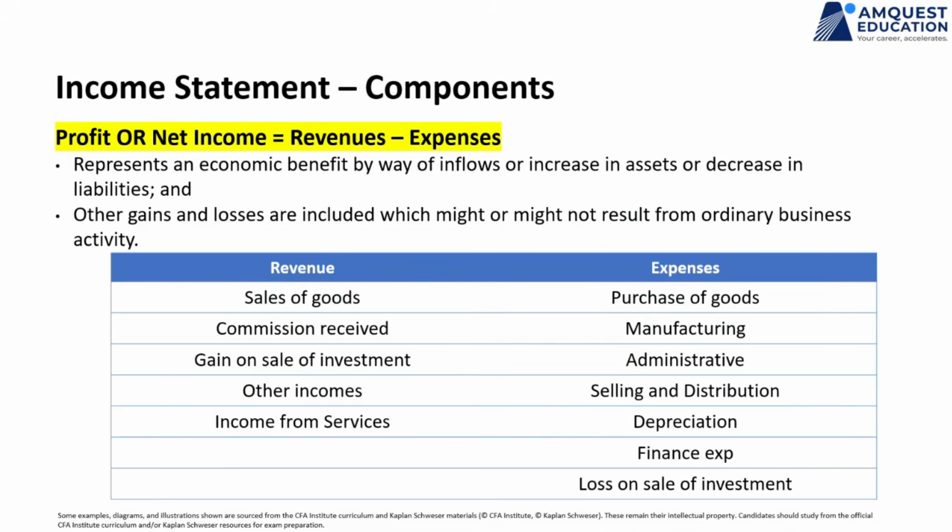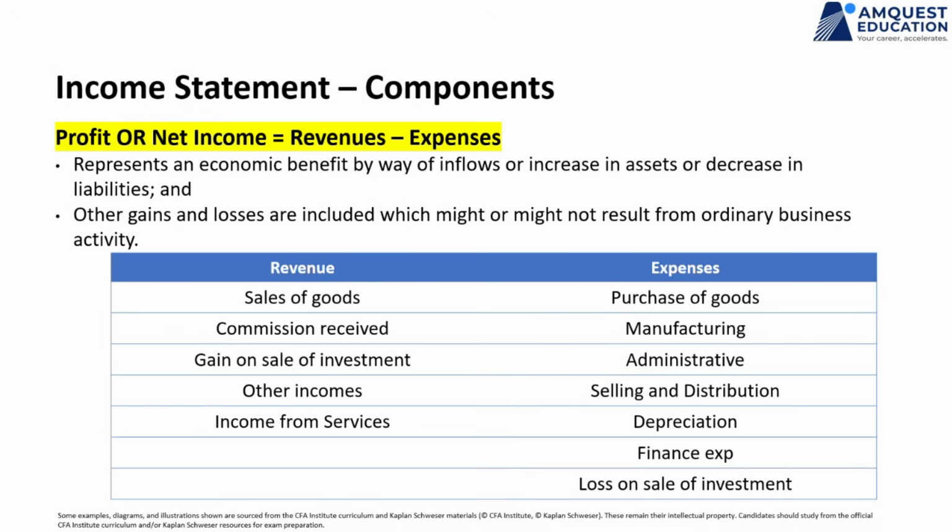So when we say income statement, it represents an economic benefit by way of inflows or increase in assets or decrease in liabilities. So if you are doing good as a business, your net profit will be more. Your revenues are more than your expenses, and if revenues are more than your expenses, it increases assets or decreases liabilities.